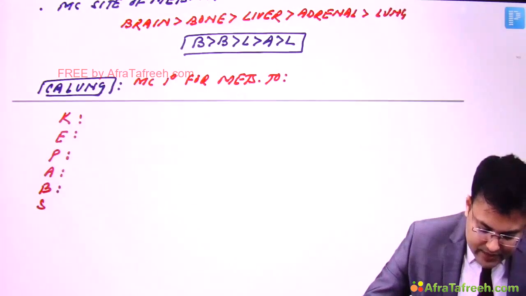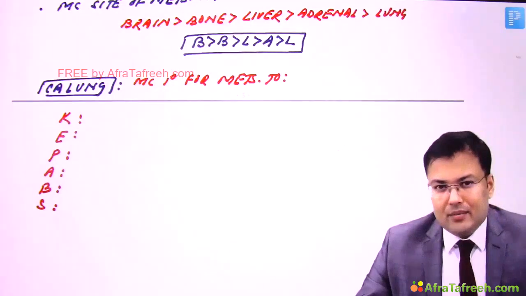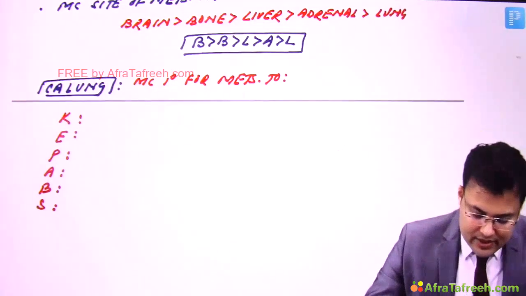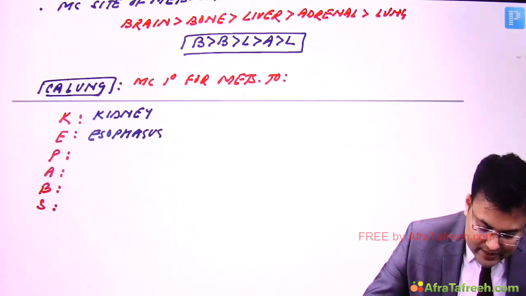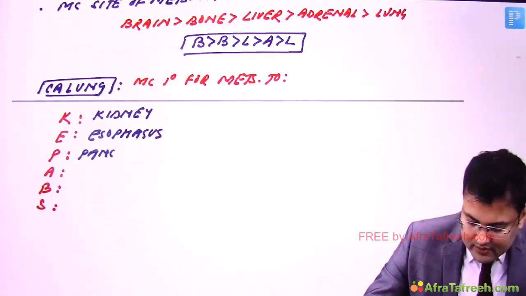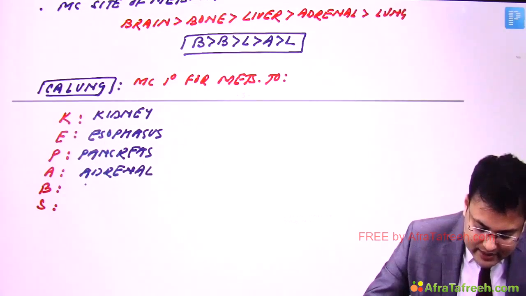So KEPABS: K means kidney, E esophagus, P pancreas, A adrenal, B brain, S skin. Okay. So see, this is kidney, this is esophagus, pancreas, adrenal, brain and skin.